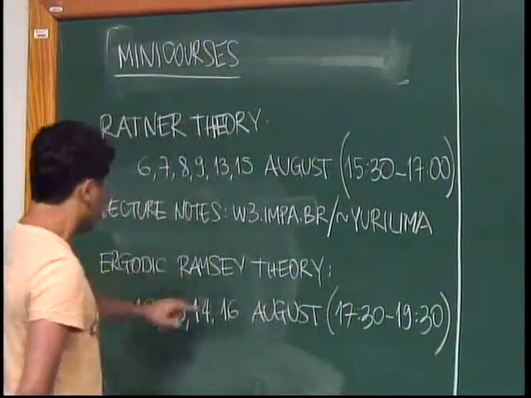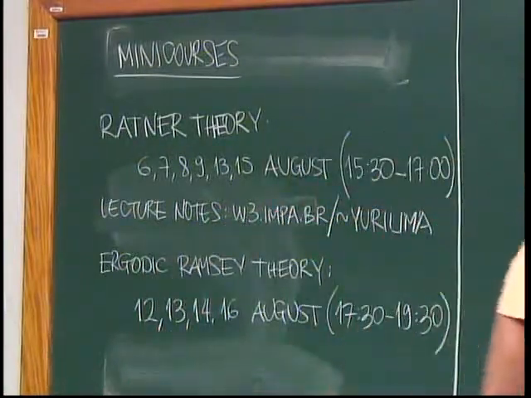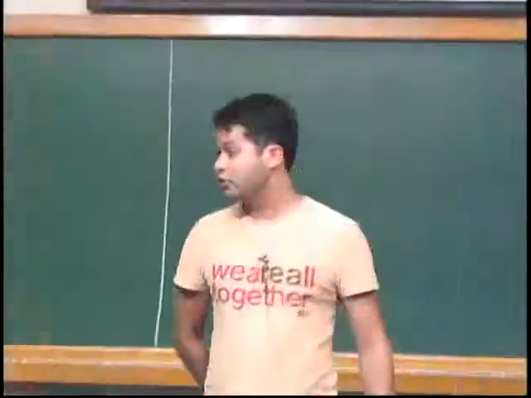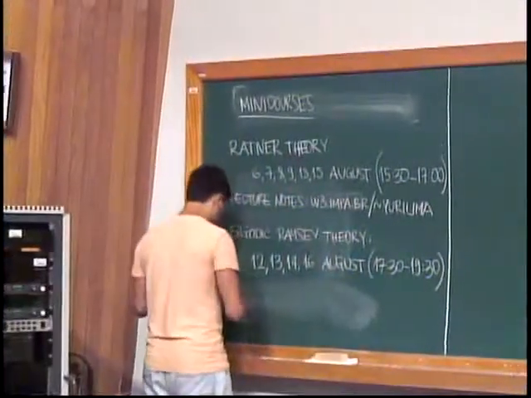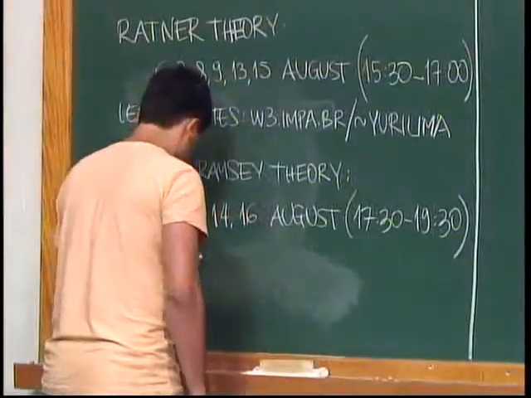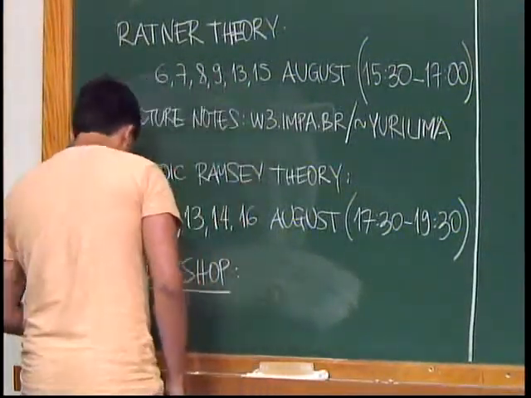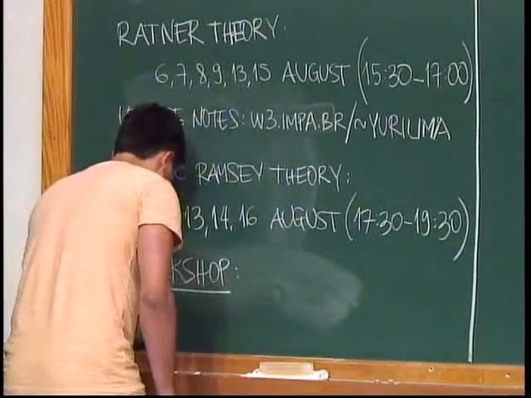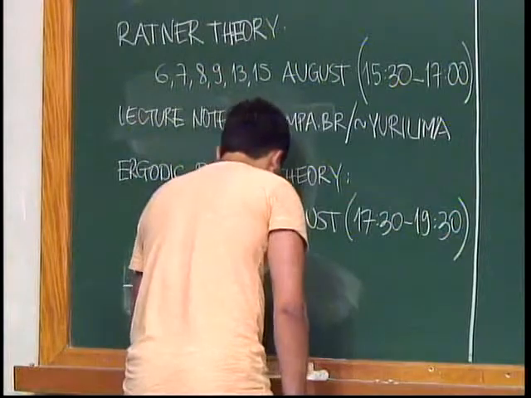Okay? So these 2 mini courses will be given in the next 2 weeks, and after these 2 weeks we'll have a workshop, which will be from 19 to 23rd of August.